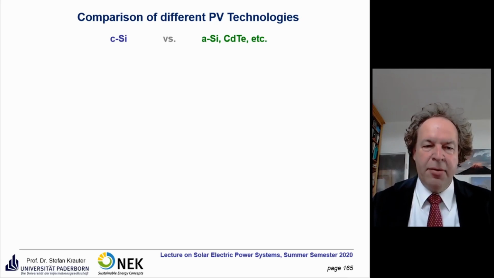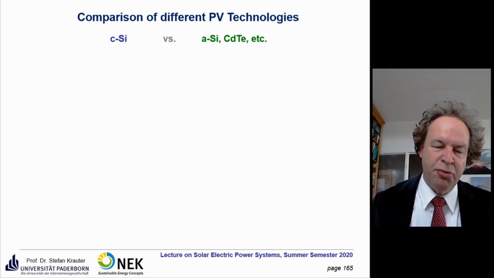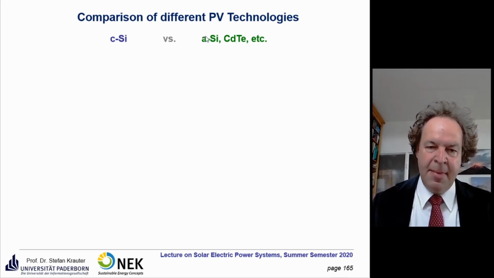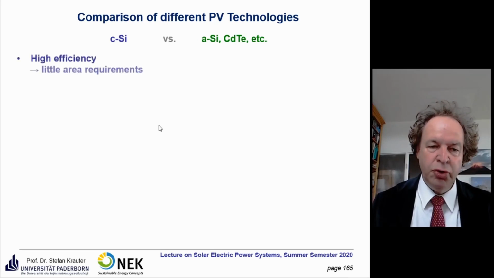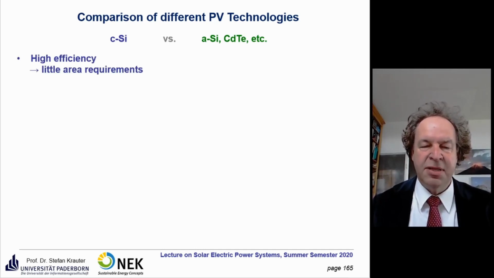If we take a comparison between the different PV technologies, for example here crystalline silicon on the left side in blue color, and some thin film technologies such as amorphous silicon, cadmium telluride, etc. Usually the crystalline silicon has the highest efficiency. There was some progress in cadmium telluride, but still the highest efficiencies occur in crystalline silicon.